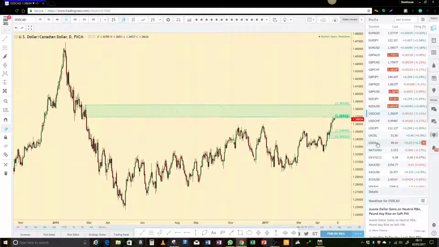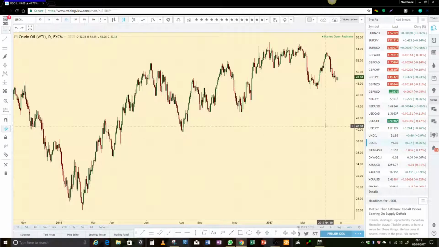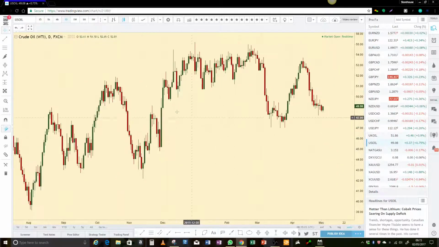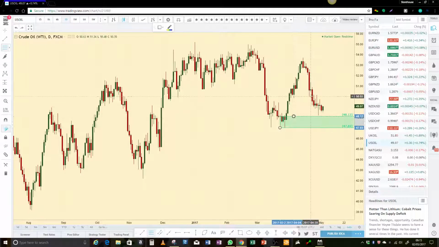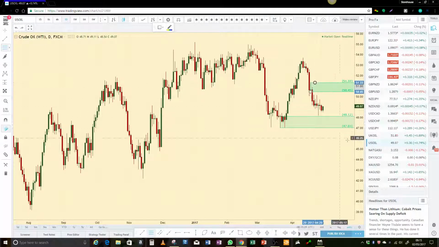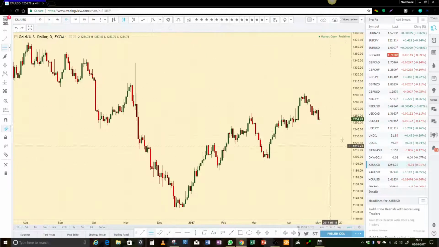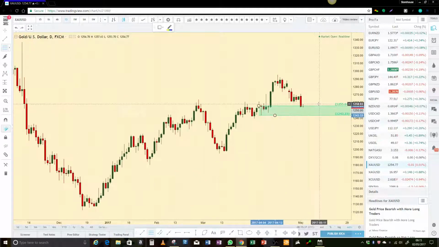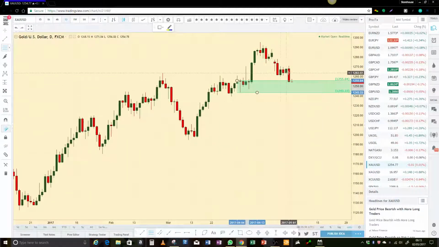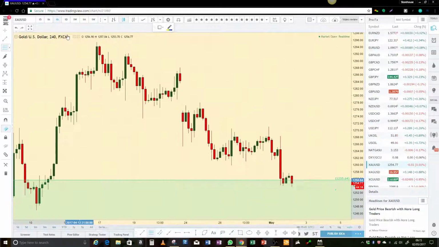As before we finish, let's take a look at oil, see if anything's happening there. So for oil, for short-term trading, we've got some demand there, we've got some supply there. Nothing happening right now. For gold, we are sitting in here. Let's take a look at that area on the 4 hour.